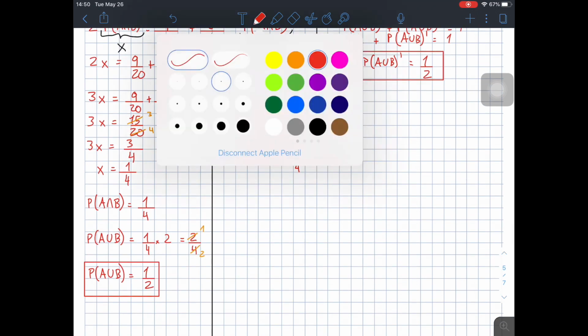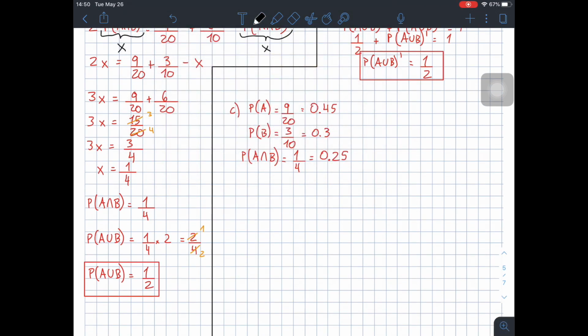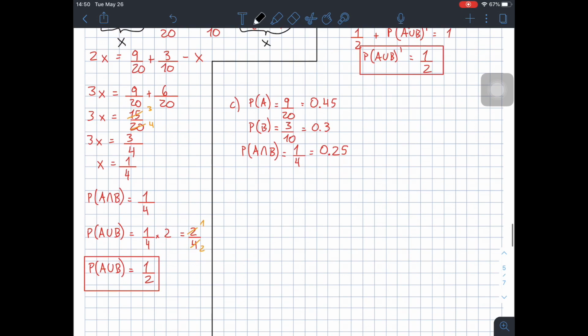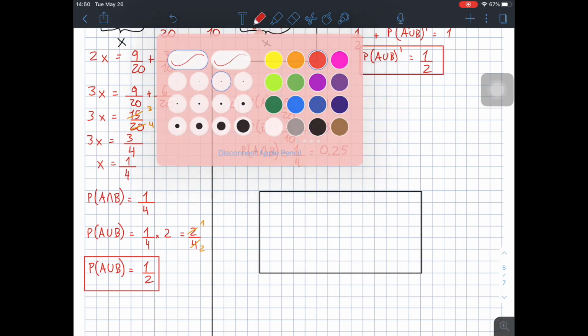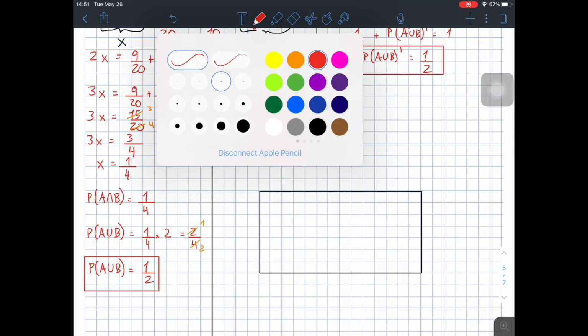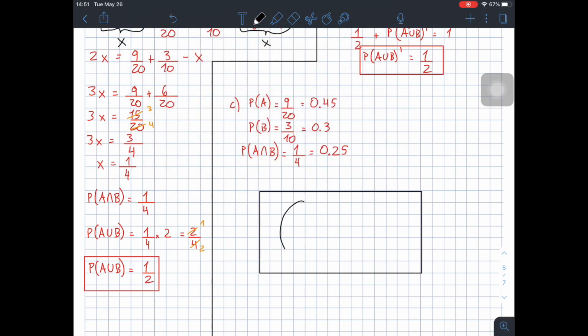Because if I do the Venn diagram here, I'm going to do the rectangle. We know that we are going to have two circles, right? Two events. Event A and event B are my only two possibilities.